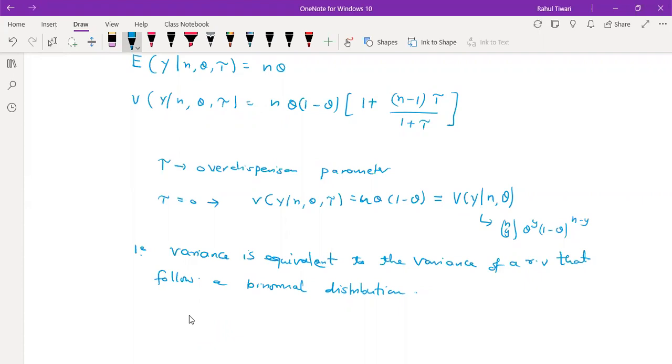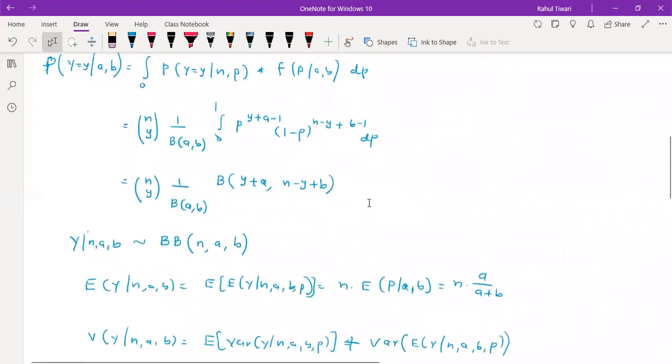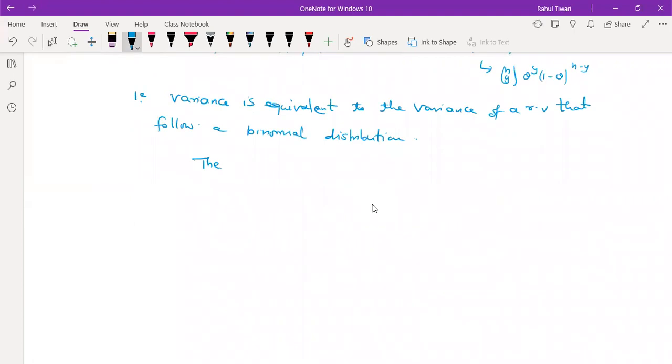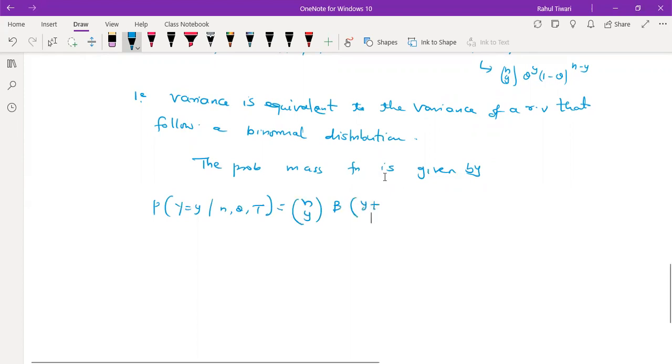So the probability mass function is given by nCy times beta of y plus, instead of now a, here we have a, right?